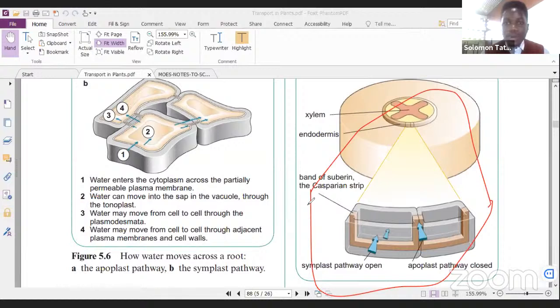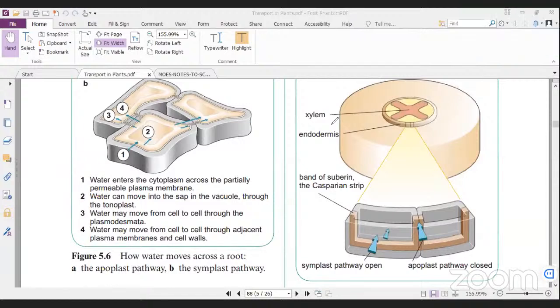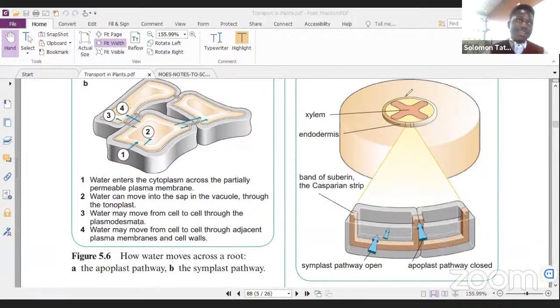So yeah, the Casparian strip is just that particular layer in the dermis where it is made up of a polysaccharide that is water hating, or hydrophobic, which we call suberin. And this sort of prevents water from passing through it, okay?